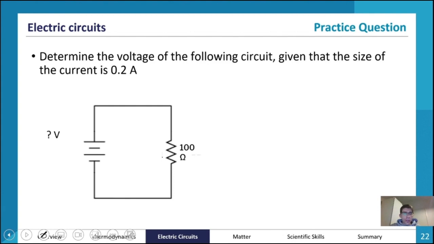So let's use the equations that we saw to understand how to solve circuit problems. The first question that we have here is determining the voltage of the following circuit given that the size of the current is 0.2 amps. So how do we do that?